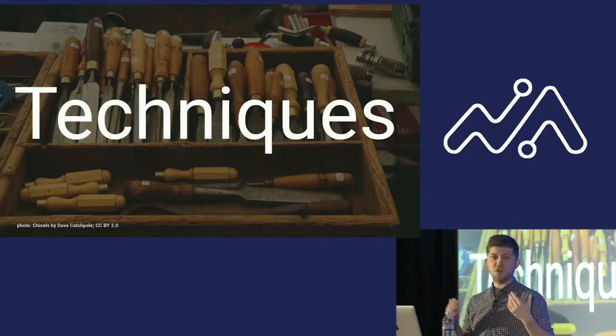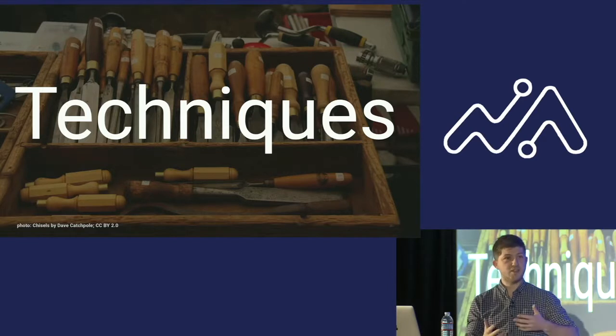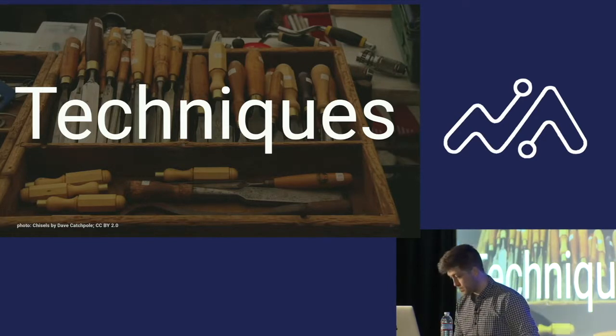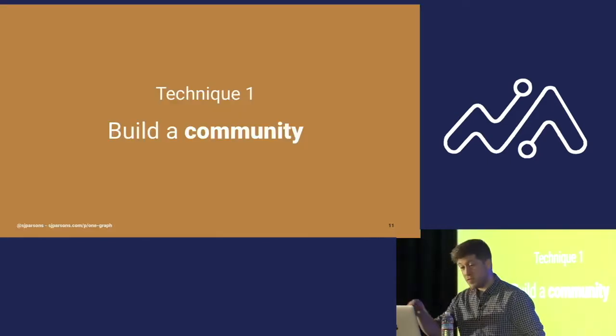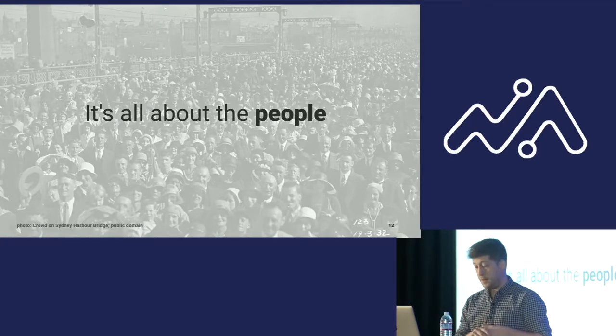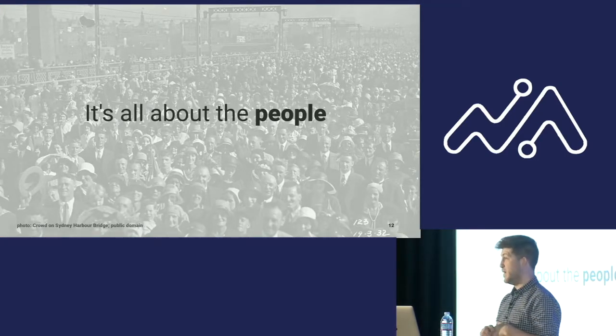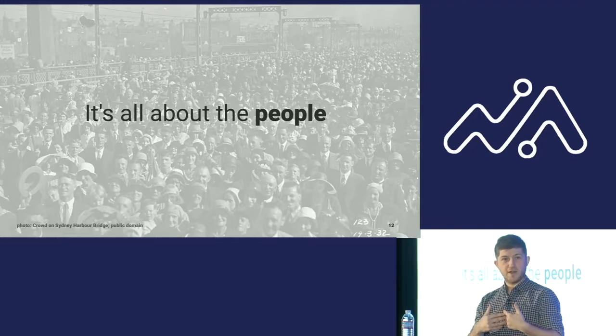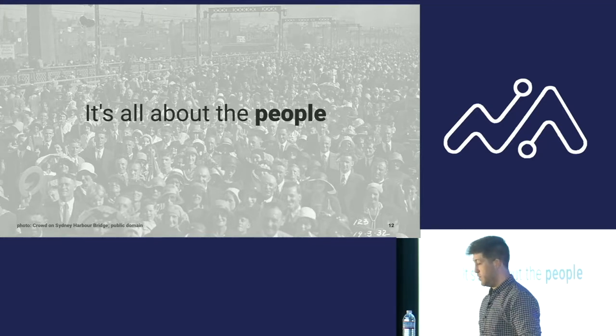We can't just solve this as a technical problem. It's a people problem, or a people solution that we need. So we have to build relationships. We have to build a community. It may seem obvious, but if you want to build a big unified graph for your organization, it really matters who the people are and the approach to building community.